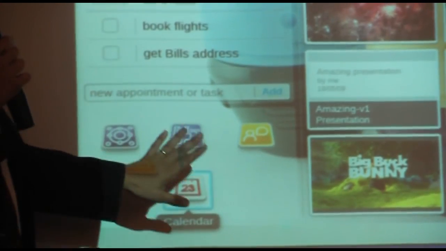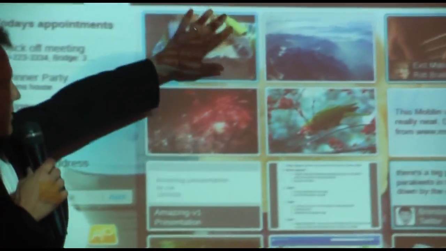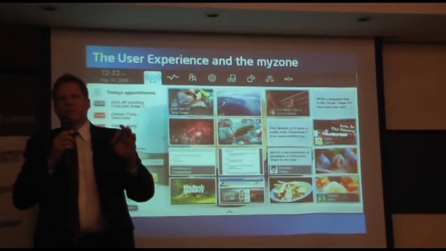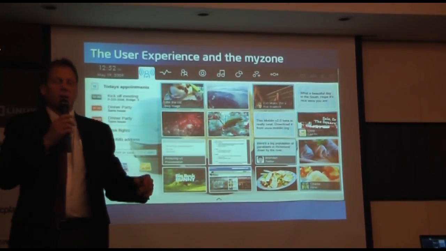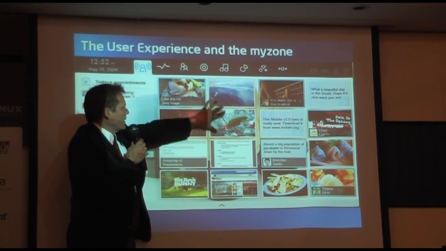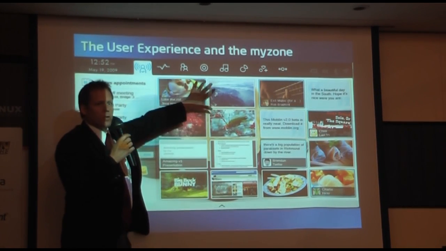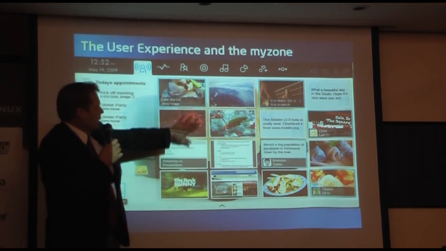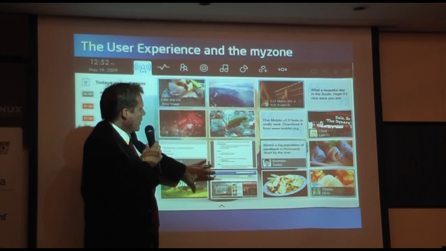So quickly get access to your applications. This area in the middle, this is where all of your recently accessed documents or media are all available. So anything that you've accessed recently is all available right here. So it shows you what you've done since the last time you participated with the device.